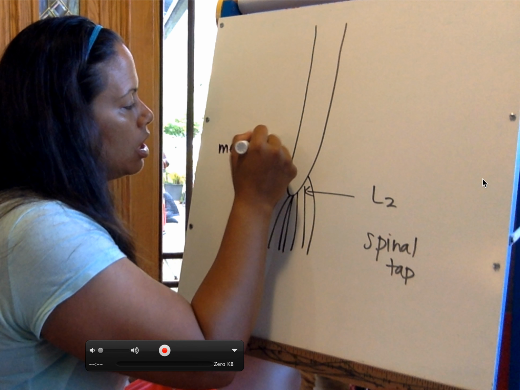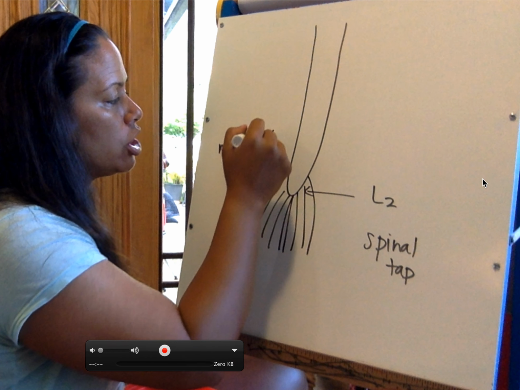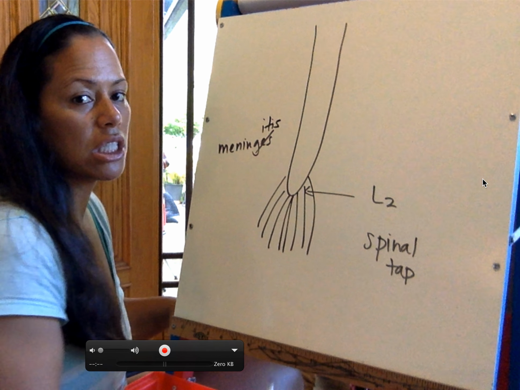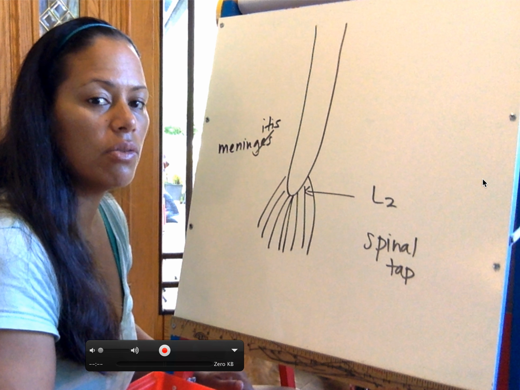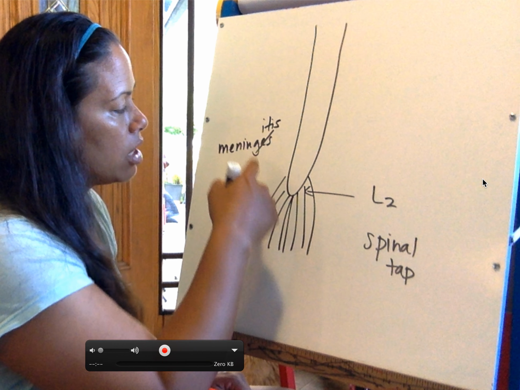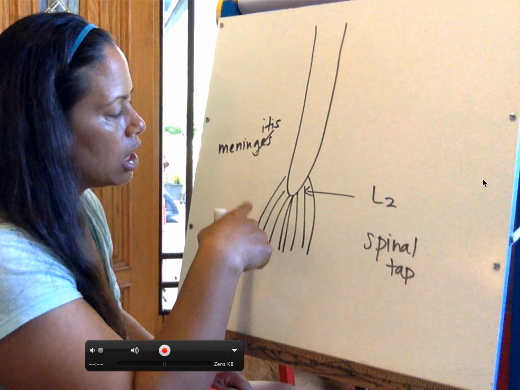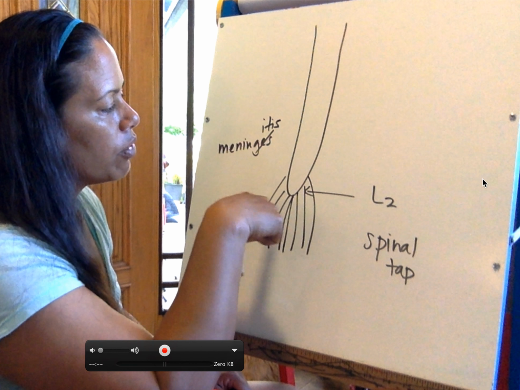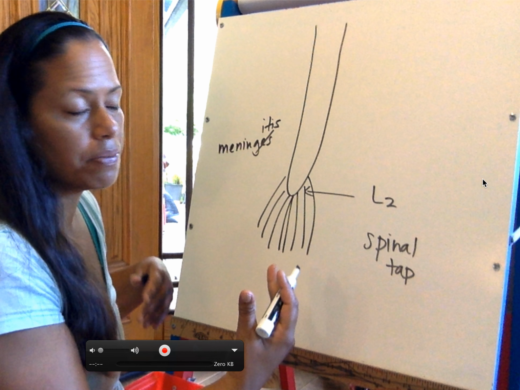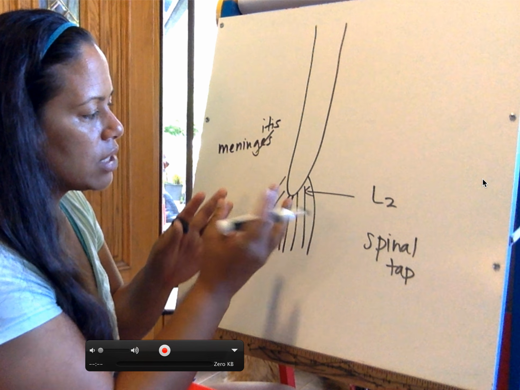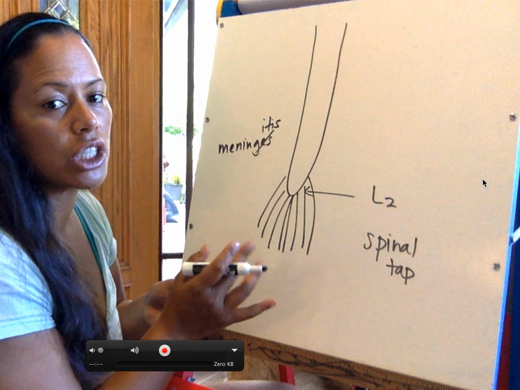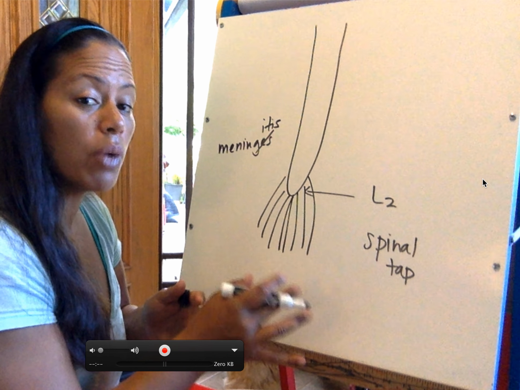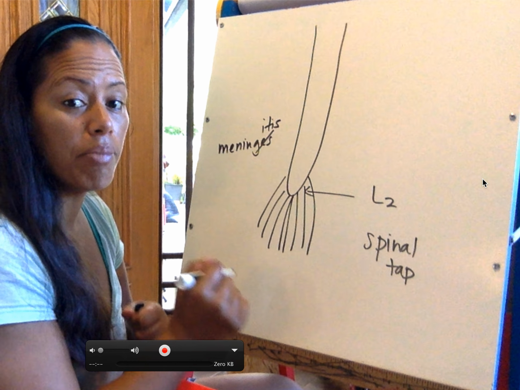If I had something called meningitis, which means inflammation of the meninges, maybe due to a bacterial infection or a viral infection, the meninges is essentially the layers that help to cover and protect the spinal cord as well as the brain. And so there's fluid inside of it. And if I have a bacterial infection versus a viral infection, I want to determine which one I have so that I can treat better.